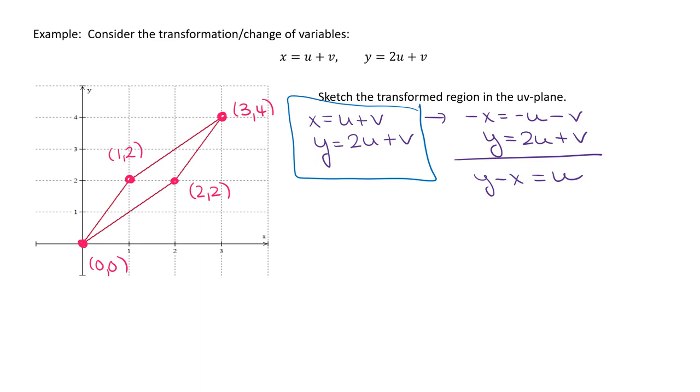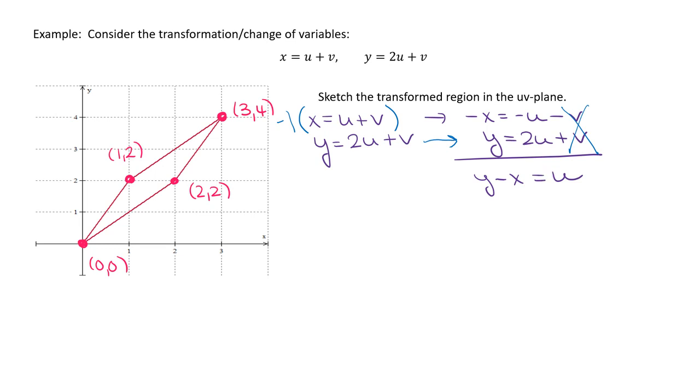Again, same system, I just copied it down on the screen a little bit lower. If I want to solve for u, I need to make the v's disappear. So using that process of elimination, I'm going to take my first equation and multiply it by -1. That gives me minus x equals minus u minus v. And then the idea is if I add that to my second equation, the v's disappear.